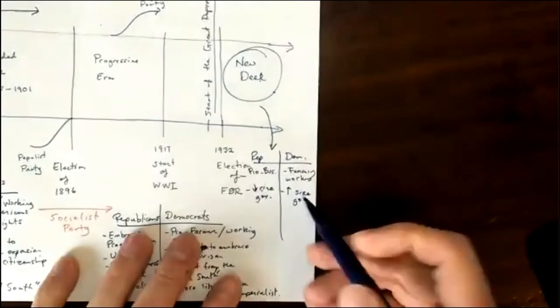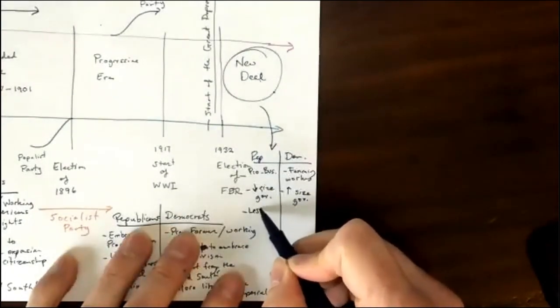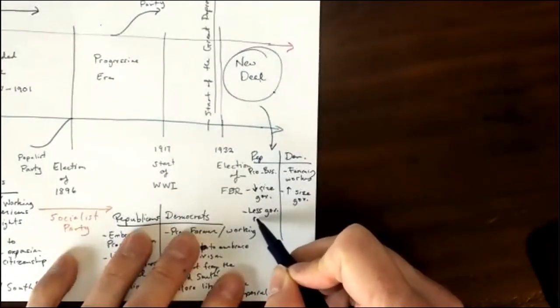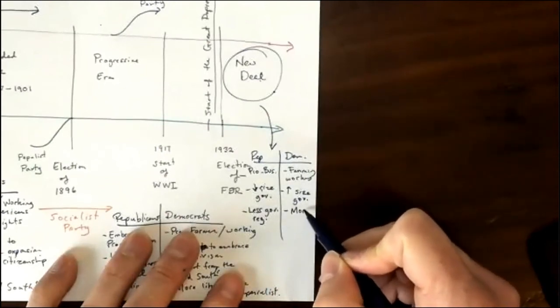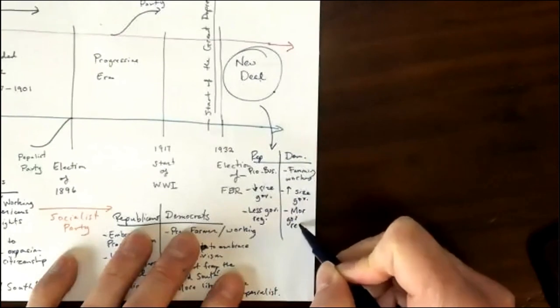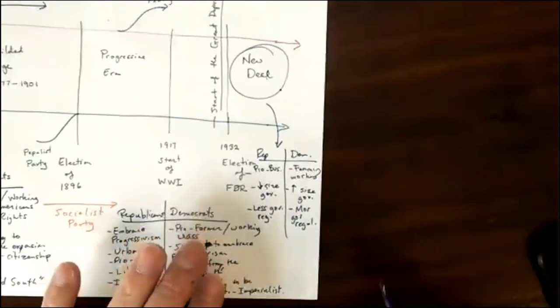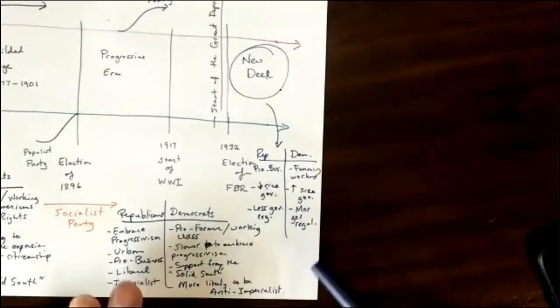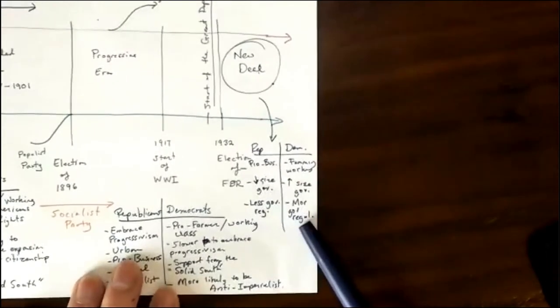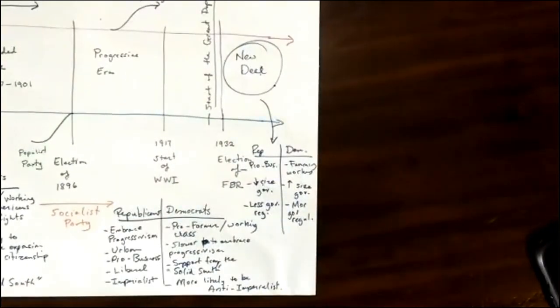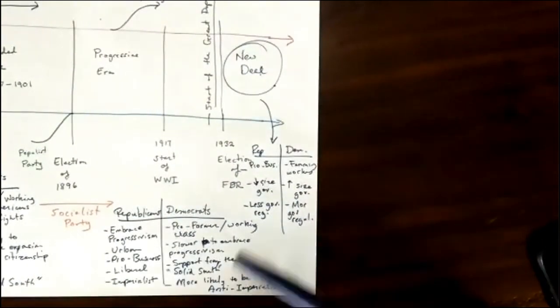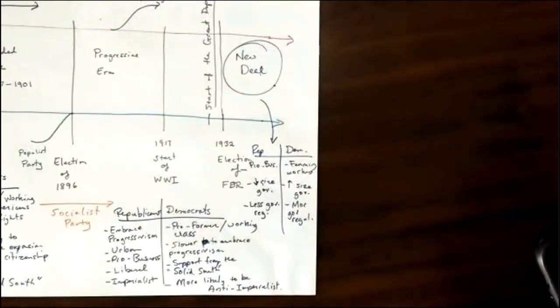The Republicans, because they're pro-business, want less government regulation, whereas the Democrats want more government regulation. So the Democrats are arguing that we need to regulate the stock market. We need to regulate the banks, whereas Republicans want less of those things because that coincides with their pro-business stance.